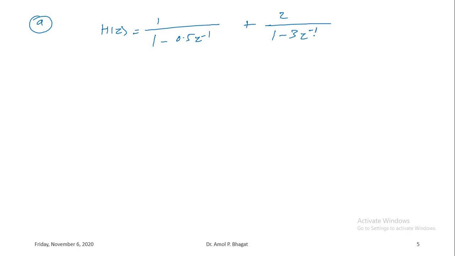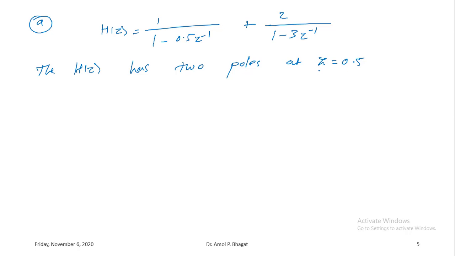As per this expression, H of Z has two poles. One is at Z equal to 0.5: if I substitute Z equal to 0.5, the 1 upon 0.5 will get cancelled, so 1 minus 1 will be 0, and 1 upon 0 will be infinity.